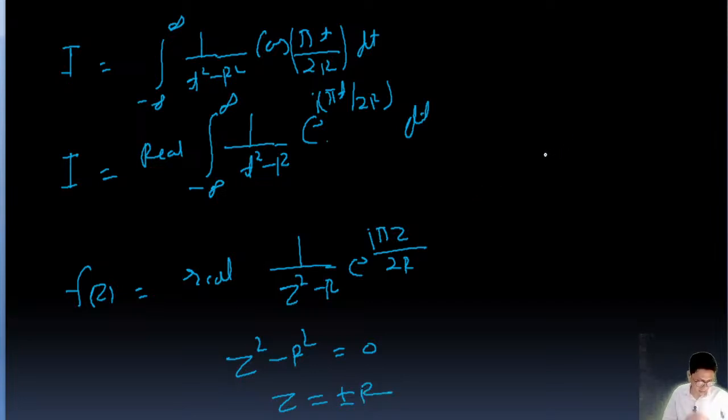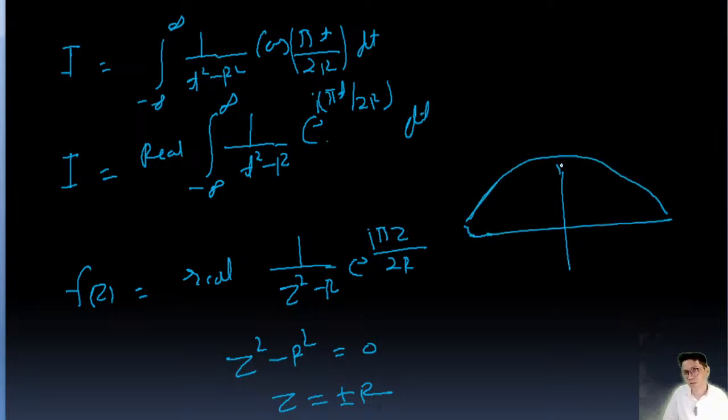Okay, and here we can see this is the semicircle, and we can see the plus r and minus r lie on the real axis. Okay, real axis, right? So both lie, so it means we'll find the residue.